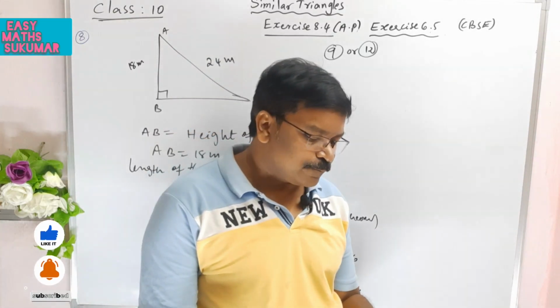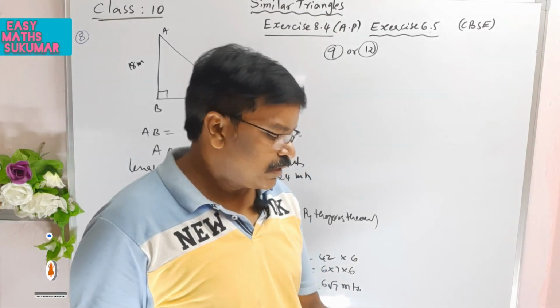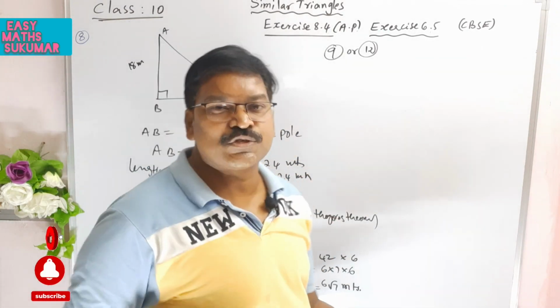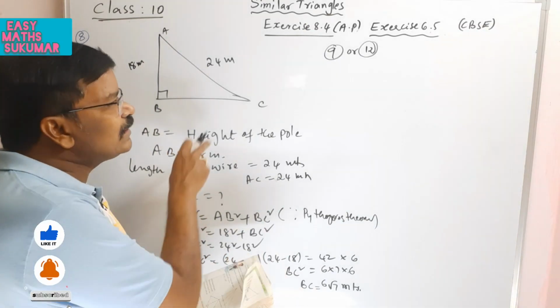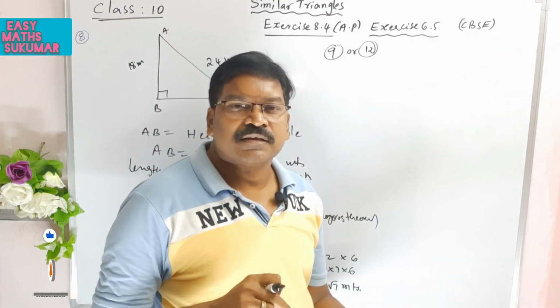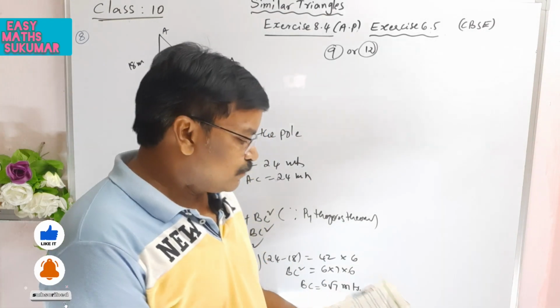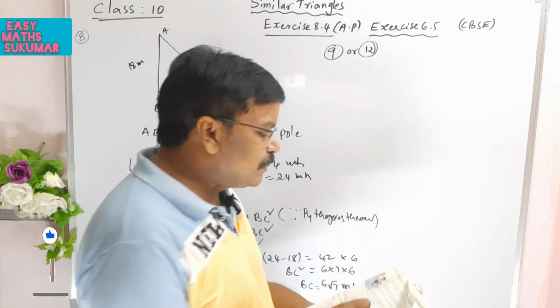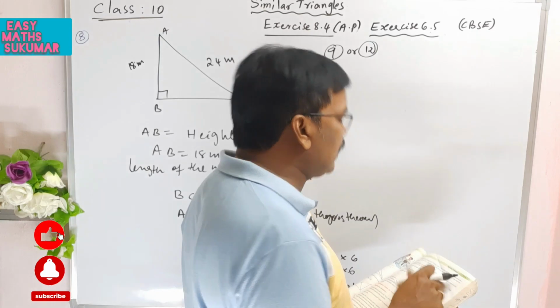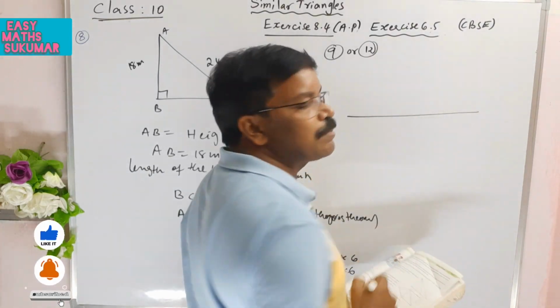Coming to the 9th sum in this exercise 8.4, and the 12th sum for CBSE students. Actually, this sum is not given in the CBSE textbook. 9th sum: two poles of height 6 meters and 11 meters stand on plain ground. Just imagine this is plain ground.